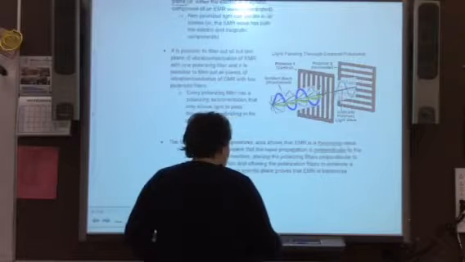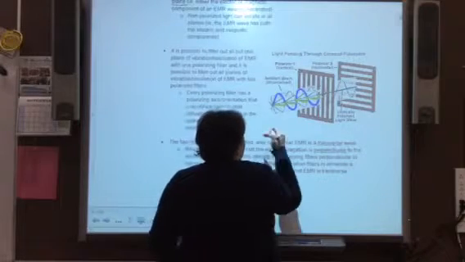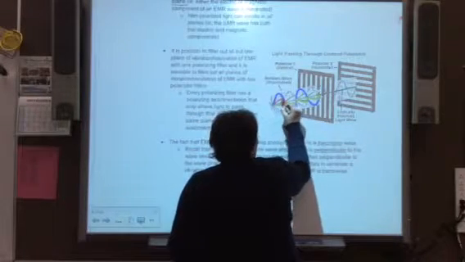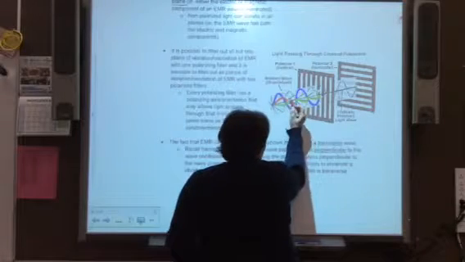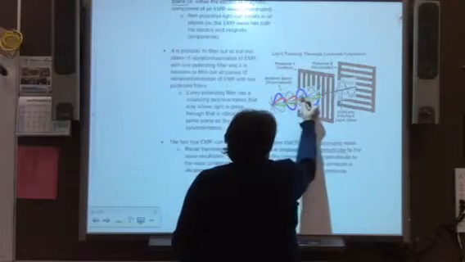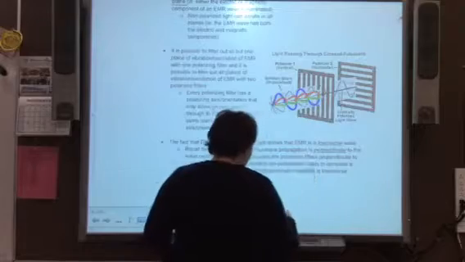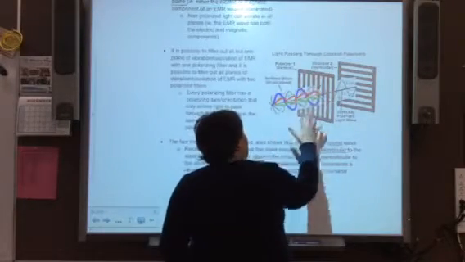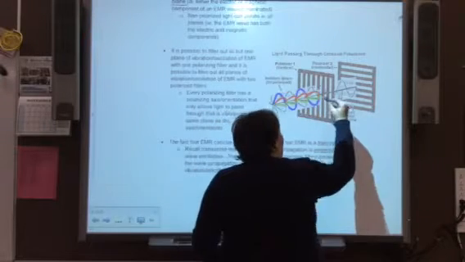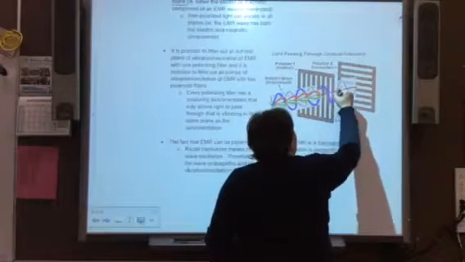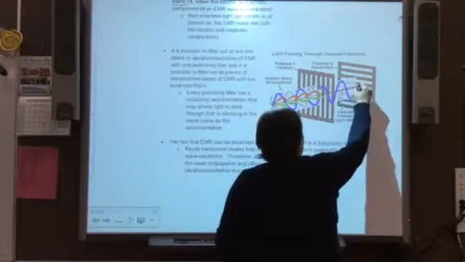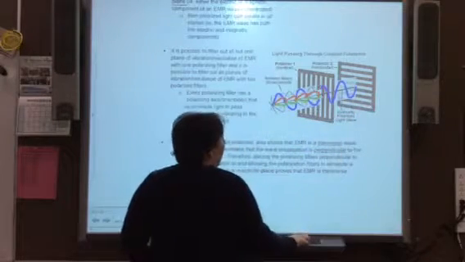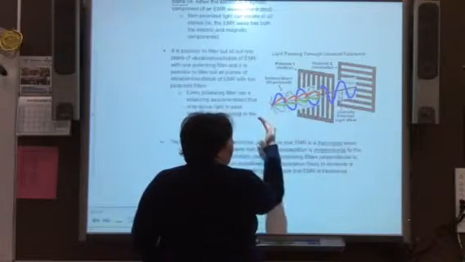And then, because light is not just nice, neat, and tidy, we have these ones that come down. But because the polarizer is oriented in this direction, only these waves going up and down are going to get through. It held on to all of the other wavelengths.